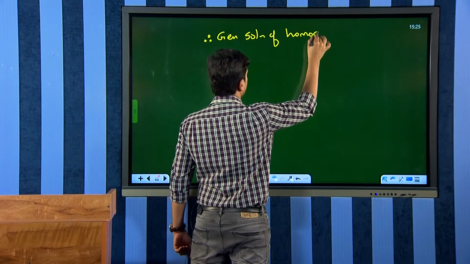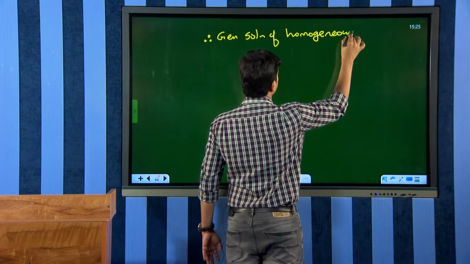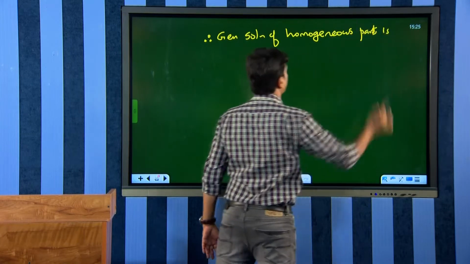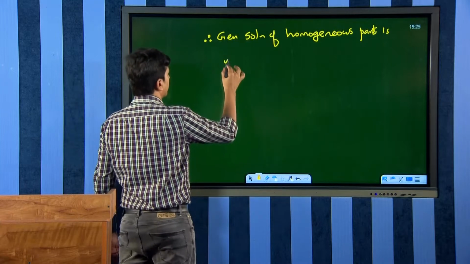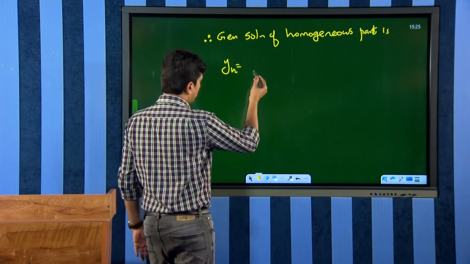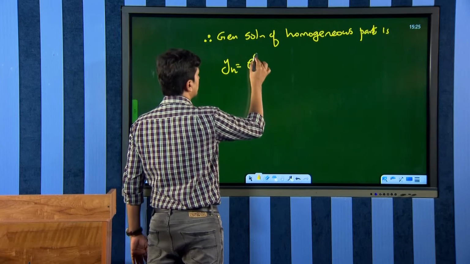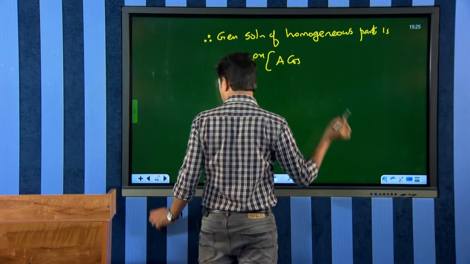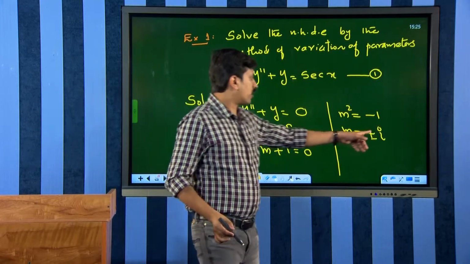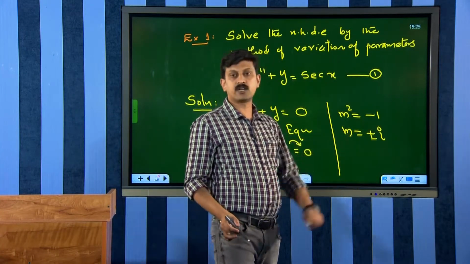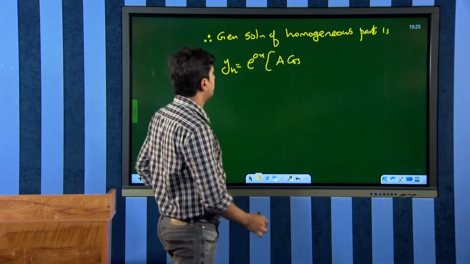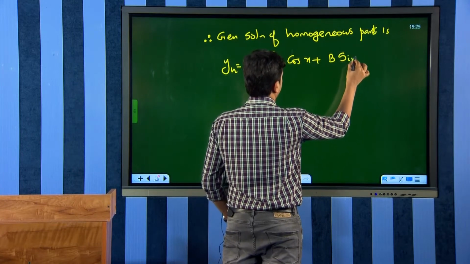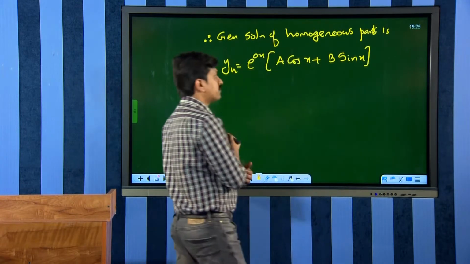Therefore, the general solution of the homogeneous part is yh equal to e raised to 0x times a cos x plus b sin x, where q x is the coefficient of i, the imaginary part, equal to 1.